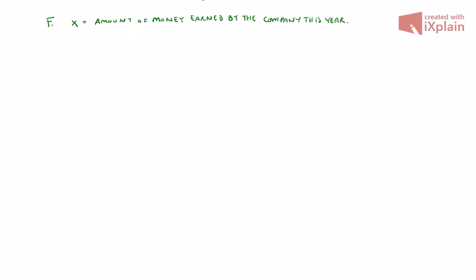When the company loses money, the amount of money earned is negative. So we're going to construct a discrete probability distribution for X by completing the table. So bear with me as I create this table, or maybe fast forward, I don't know.